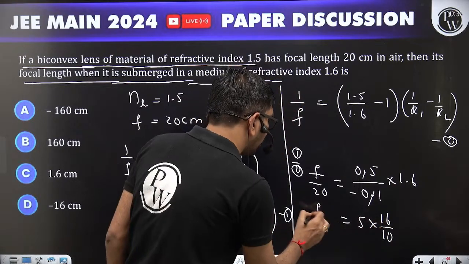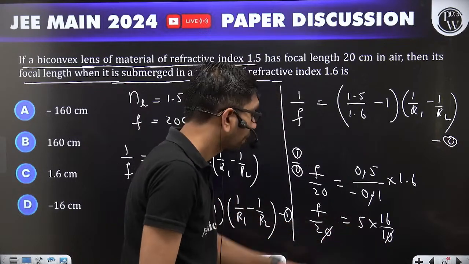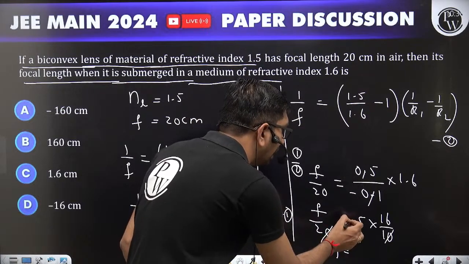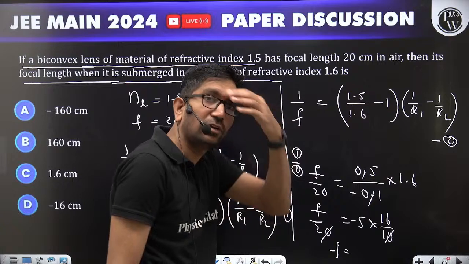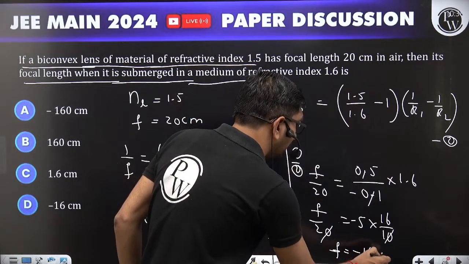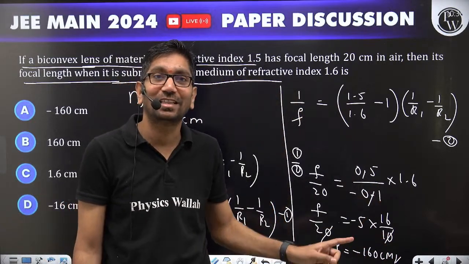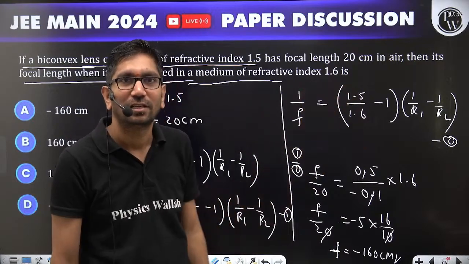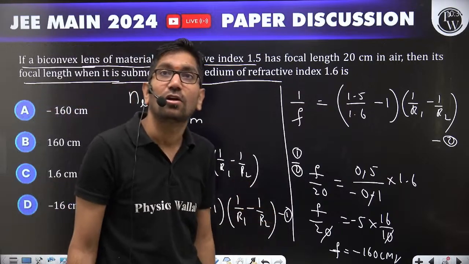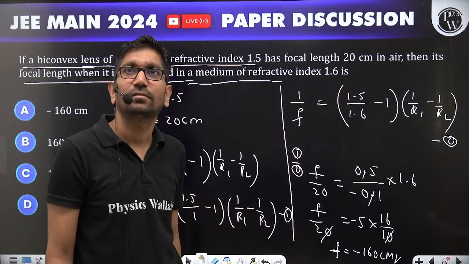So f by 20, this one gets cancelled, send this one here, 5 to the 10, 10 into 16, so minus 1 is left. 10 into 16 is 160. My final answer is minus 160 centimeter, beta. See here, the nature has changed. Initially it is convex, but it has become concave now, so we got it in minus.